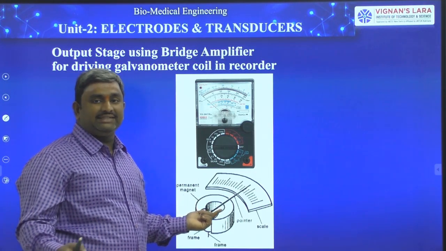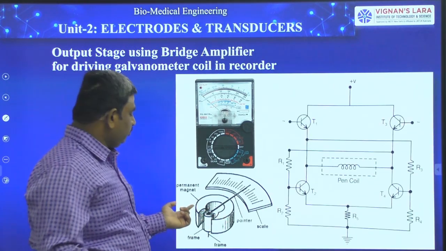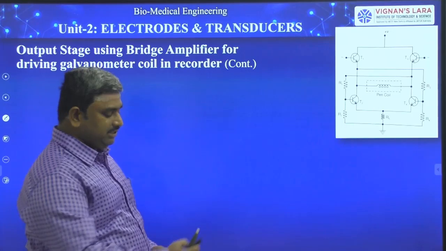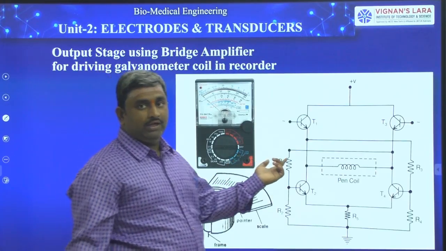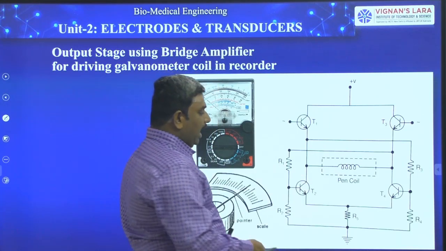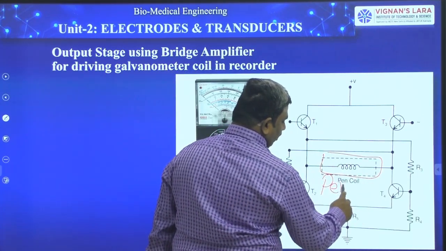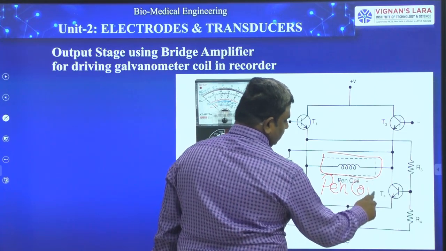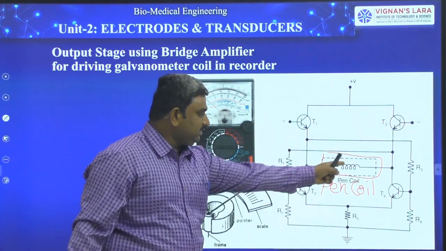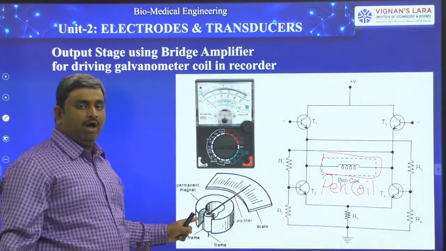Who will give the directions to move this particular pointer? That is the next topic. So see here, this is a circuitry, and I have written here some pen coil. This is the pen coil. This is nothing but the armature section connected to a pointer or needle.